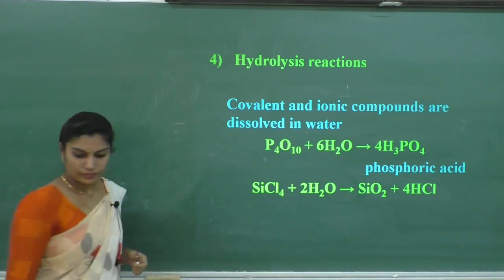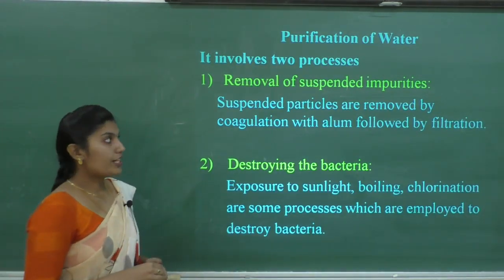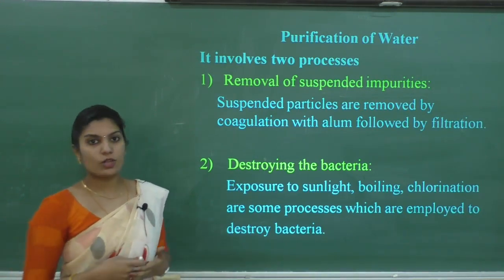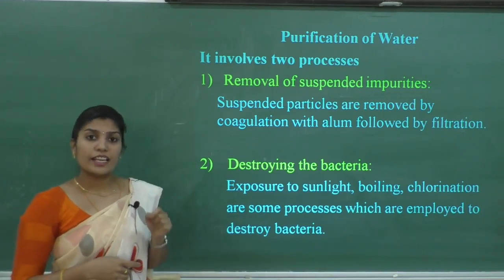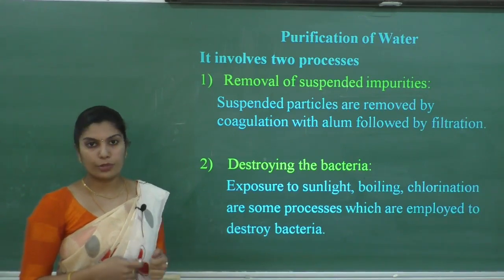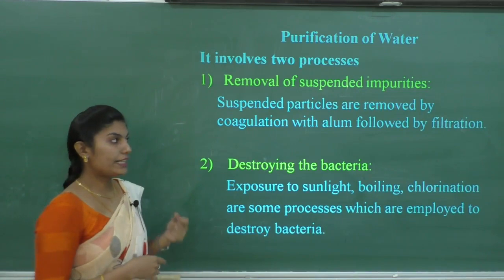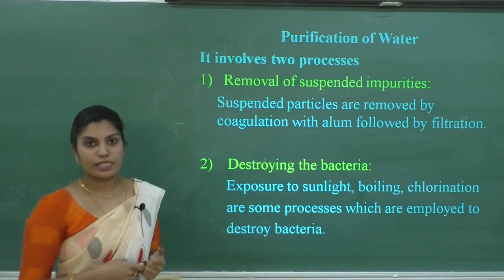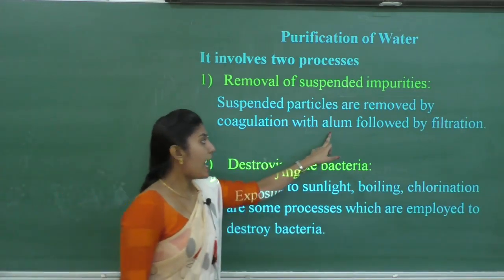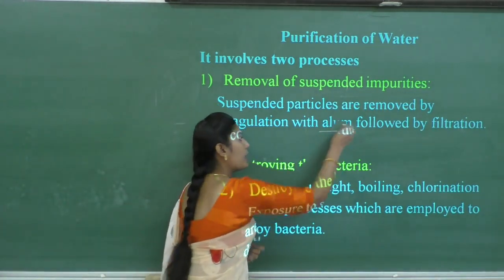Next, coming to the purification of water. You all know that rainwater is pure water. It does not contain any impurities. If any impurities are present in water, then it should be purified. First method, removal of suspended impurities. Impurities can be removed by the addition of alum followed by filtration.